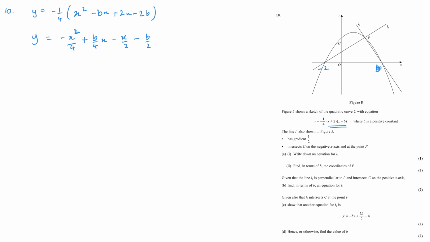So L2 is, or L1 I should say, y equals a half x plus c. Now, when x equals minus 2, y equals 0 is one of the coordinates, so 0 equals a half times minus 2 plus c.